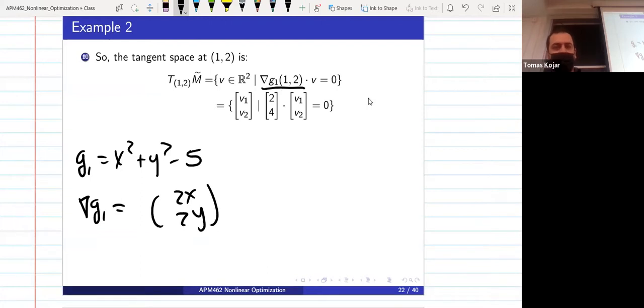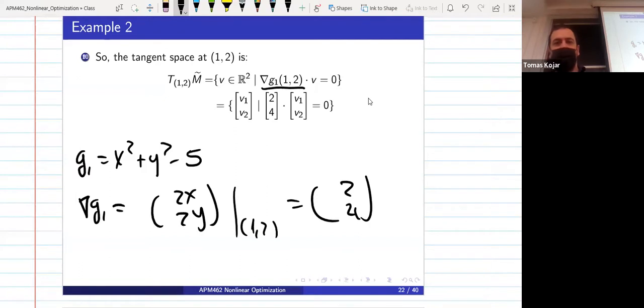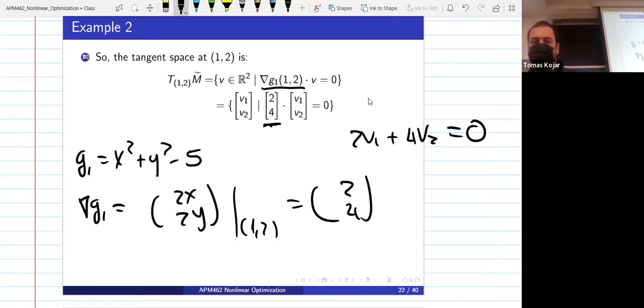And if you plug in (1, 2), you get (2, 4). So that's the guy, and I take the dot product. So I have 2v1 plus 4v2 equals 0. And so you get the following system: v1 is 1, and you get minus a half.